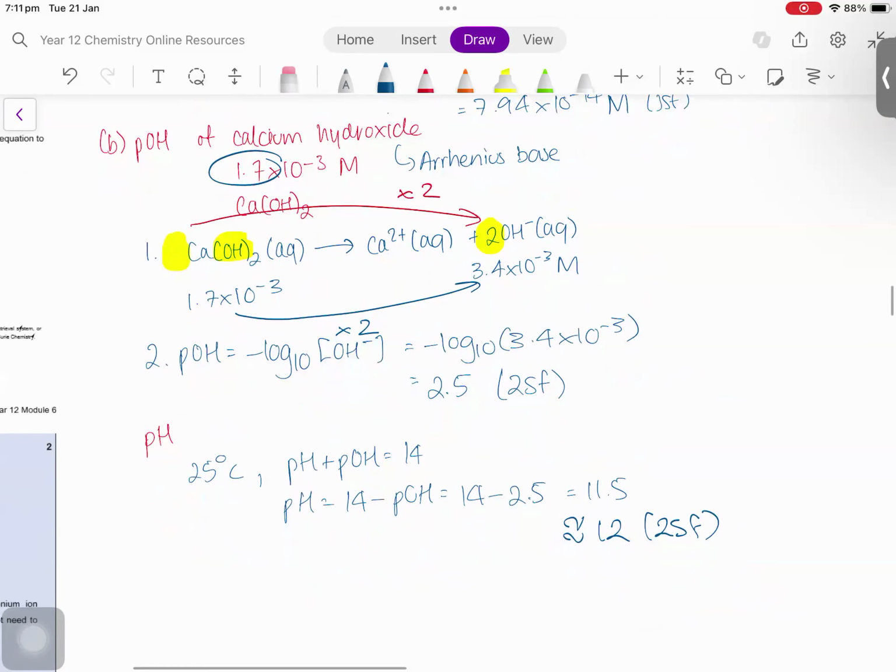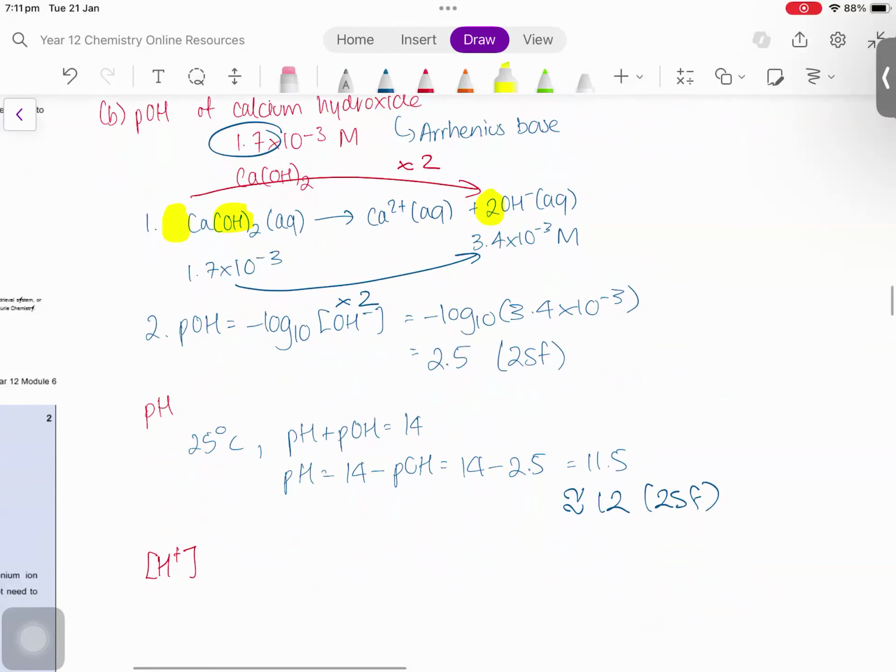And then let's say they ask you for the H plus concentration. I have pH. Charlotte, so pH is negative log base 10 of H plus. How do I rearrange it to get the H plus, Charlotte? It's 10 to the power of negative pH.